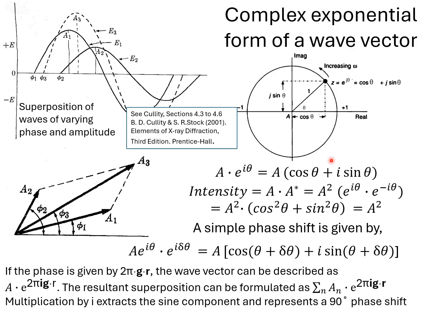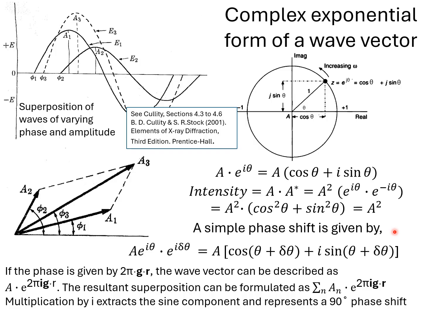The beauty of using Euler numbers is that we can look at the intensity of the wave, and the intensity of a wave is basically the square of the amplitude. When we've represented the wave as an Euler number, we can determine this intensity by multiplying the number by its complex conjugate, and you get the same value, A squared.